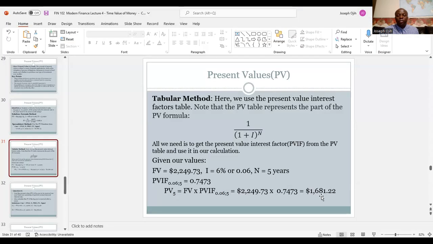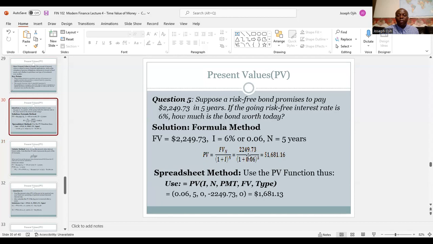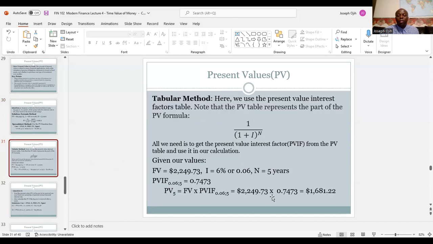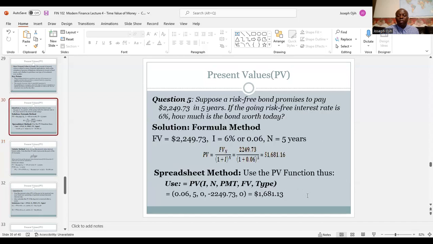So you can see the difference. It's the same as the answer we have here. Here it says $1,681.13, so it's 22 cents here and 13 cents there.